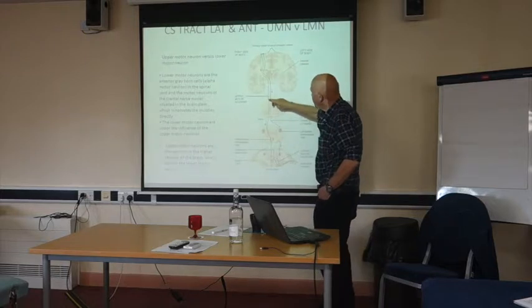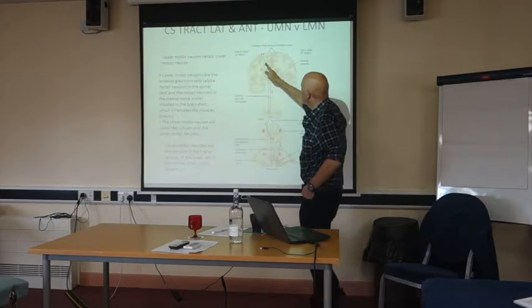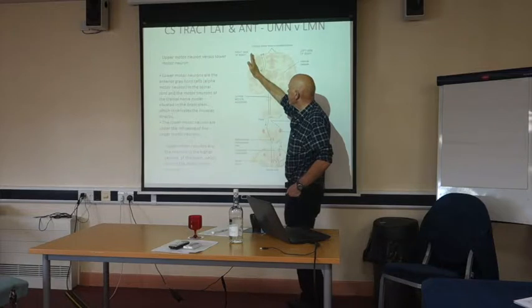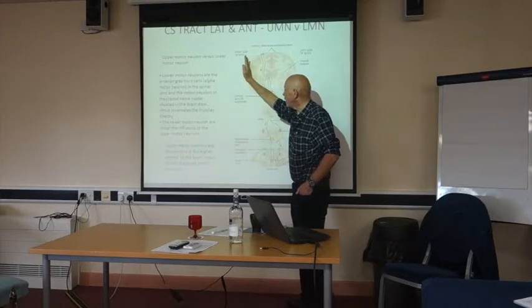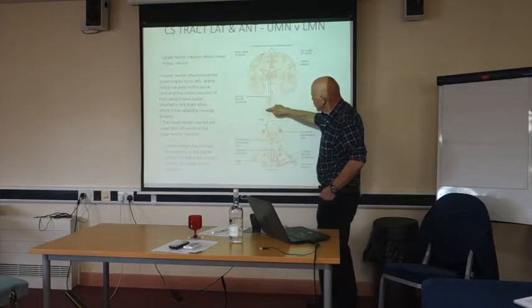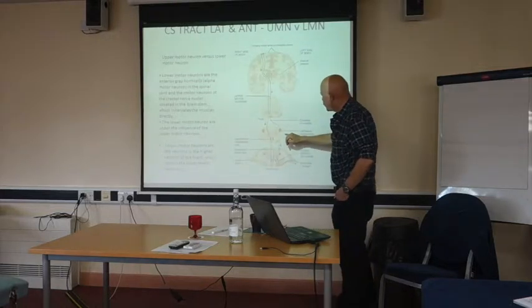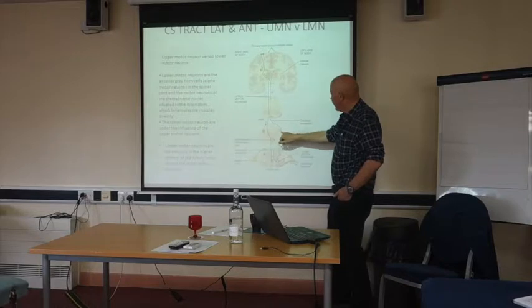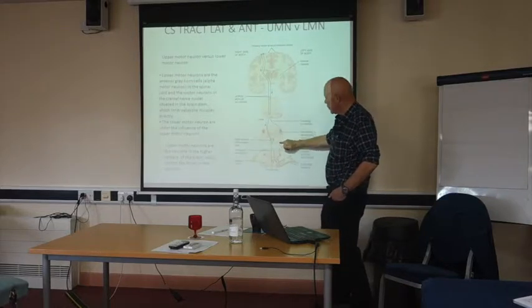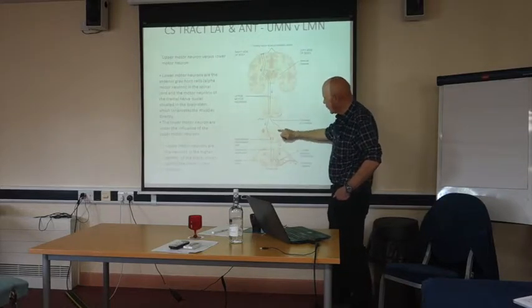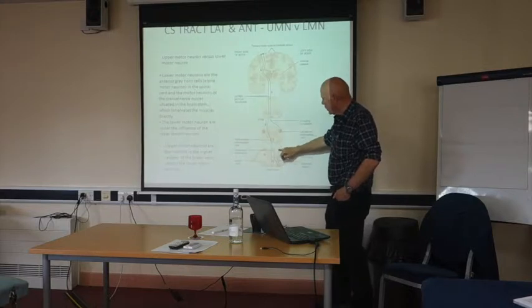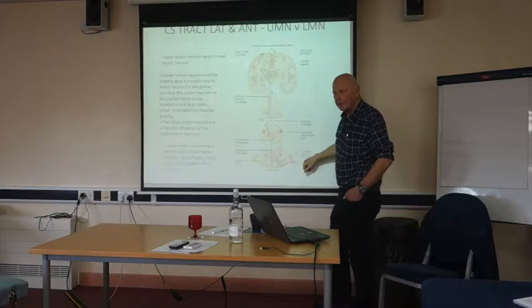And most of these, the ones that start on this side of the body, so the patient's right-hand side, would actually cross in the medulla to the opposite side and would travel down the left lateral corticospinal tract to the point where they were going to be synapsing onto the peripheral nerves.